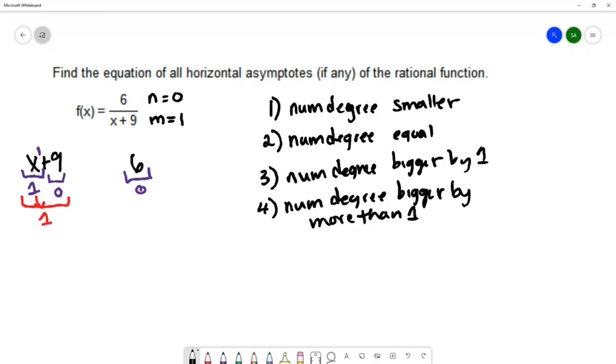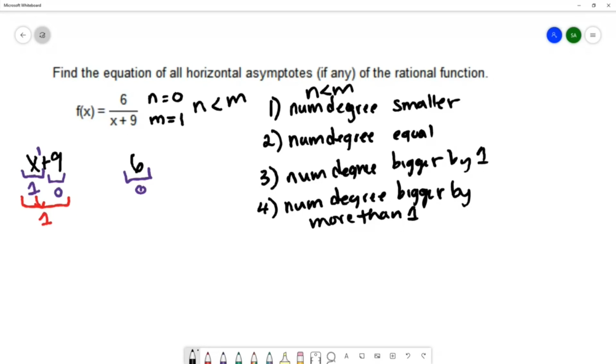So we can see here that the numerator degree is smaller than the degree of the denominator. So n is less than m in this case, and that's usually how we label this, with symbols instead of with words. The degree of the numerator is smaller than the degree of the denominator.